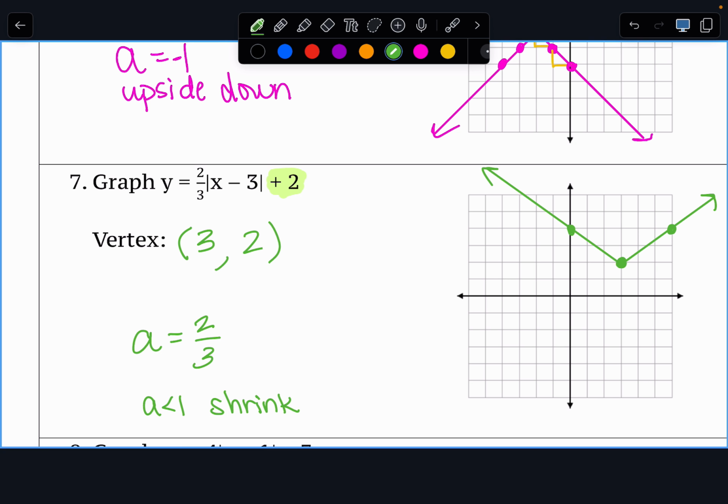From my vertex, I counted up 2 over 3 because that's what A told me my slope was going to be. Then I have opposite slope, up 2 left 3. So there is my V. So notice how from the other two that had just normal A equals 1, it got shrunk vertically.